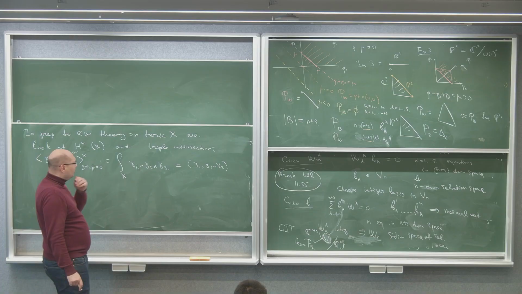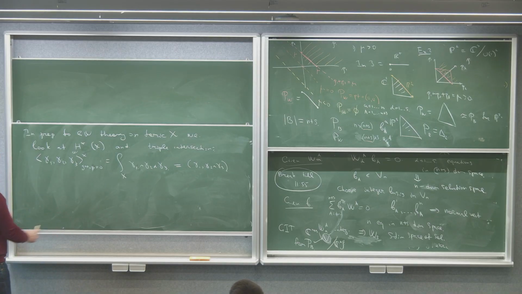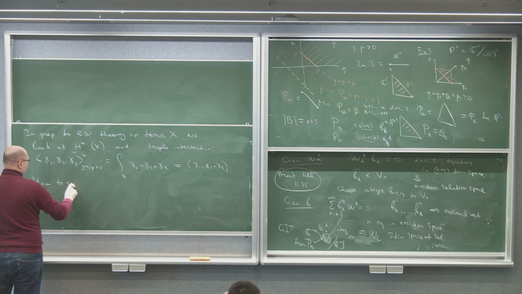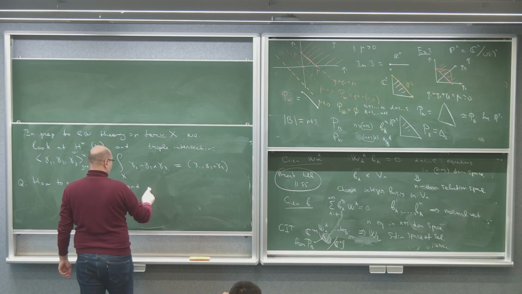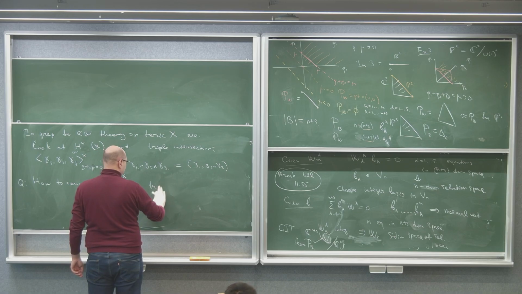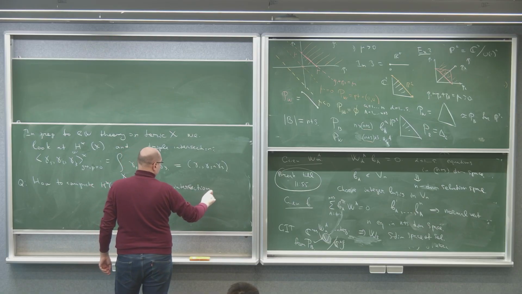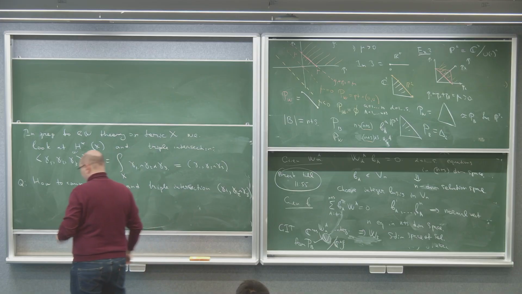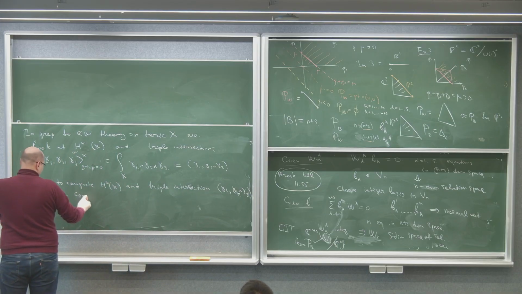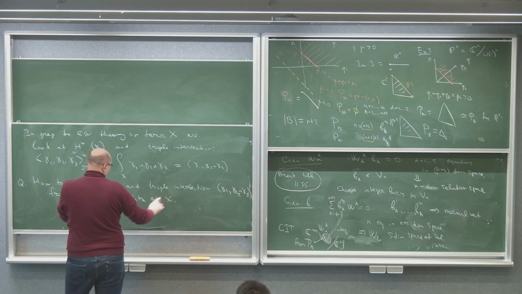These are just triple intersections on cohomology, and that is the ring structure on H star of X. So what we want to understand is how to compute H star of X and the triple intersection on it, from combinatorial data.